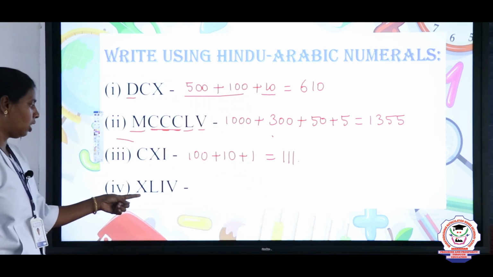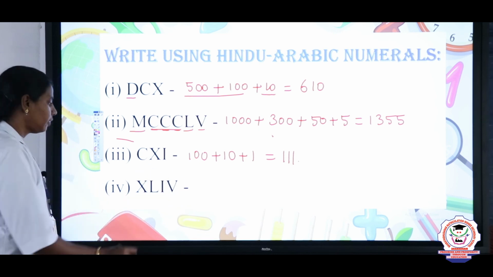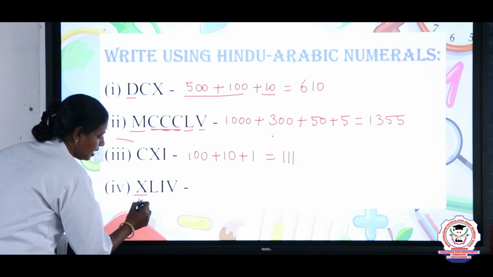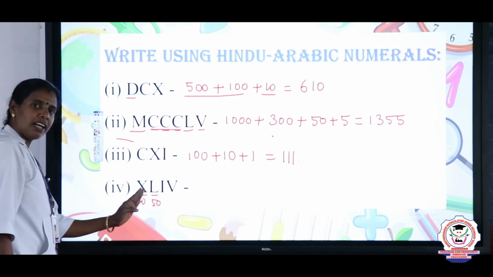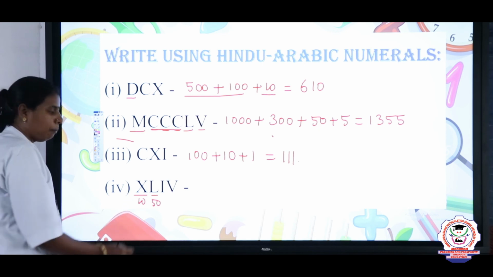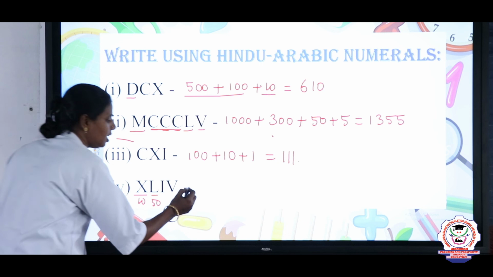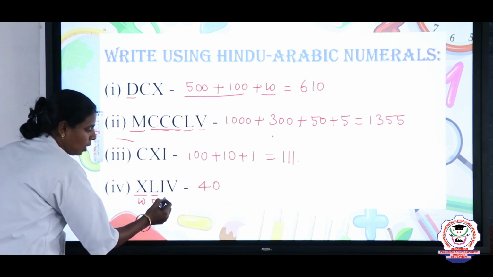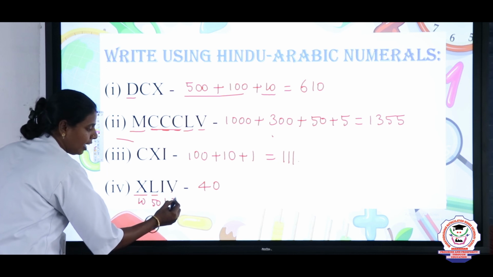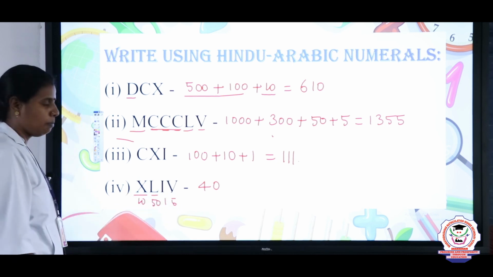And last one more is XLIV. Here X is 10, L is 50. When the smaller number is on the left side of the bigger number, we need to subtract, which is 50 minus 10. 50 minus 10 is 40. Very good. Then this is I and V stands for 5. Here also the smaller number is placed on the left side of the bigger symbol.